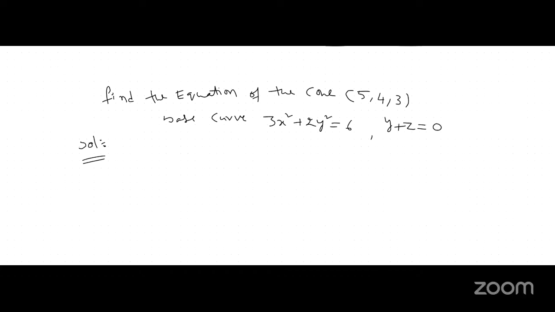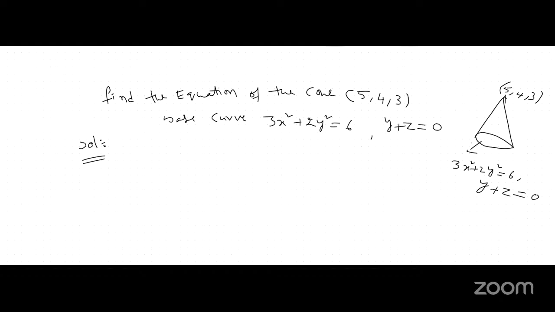So this is the vertex, (5, 4, 3), and this is the base curve: 3x square plus 2y square equals 6 and y plus z equals 0.